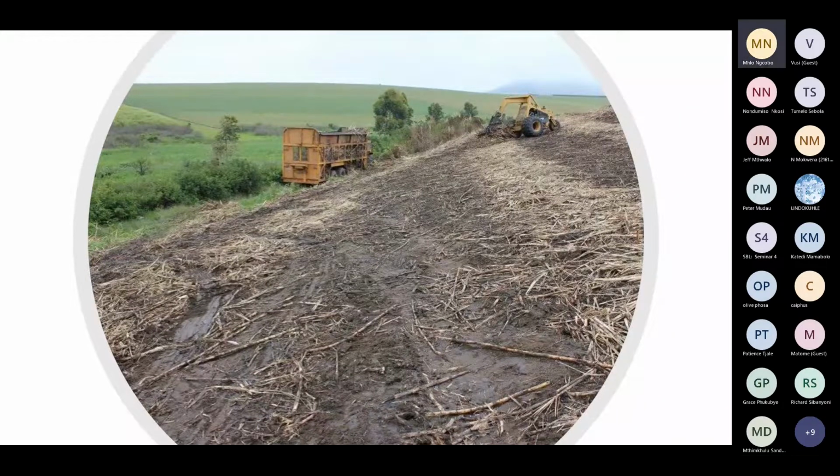The Eldana is a borer that goes into the sugarcane, and it likes the lower parts of sugarcane where there's most sugar. So if you leave the stumps, the Eldana borer will get into the sugarcane and then destroy the subsequent ratoons that would actually grow from there.